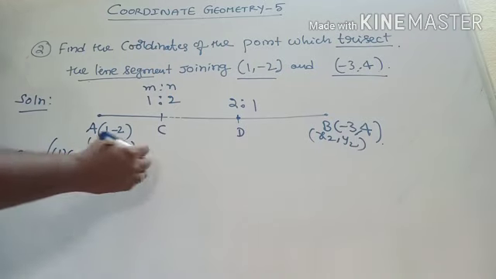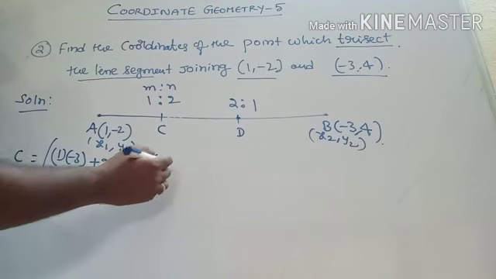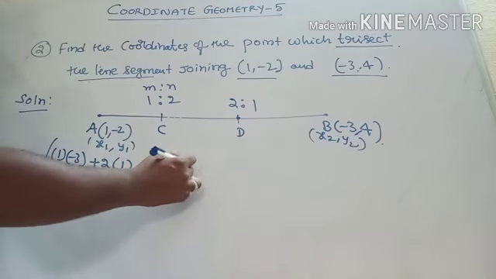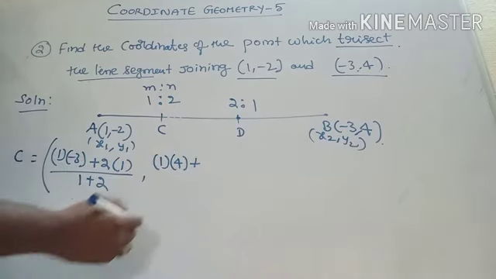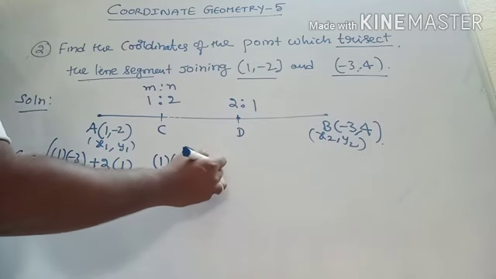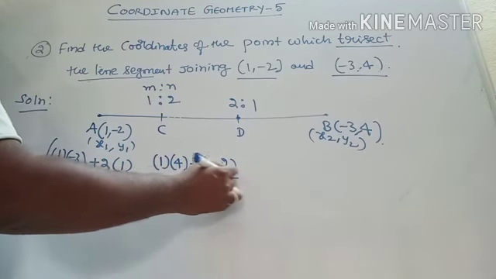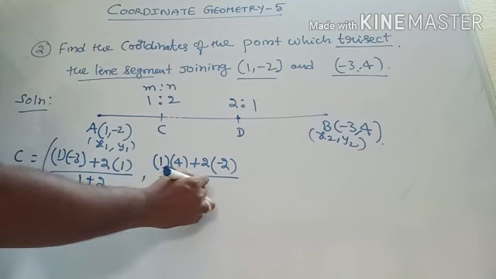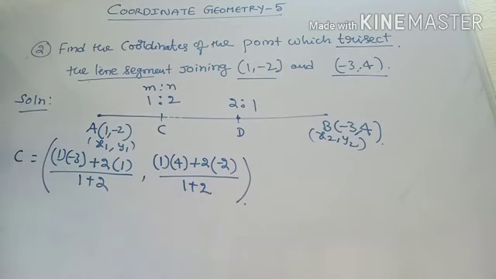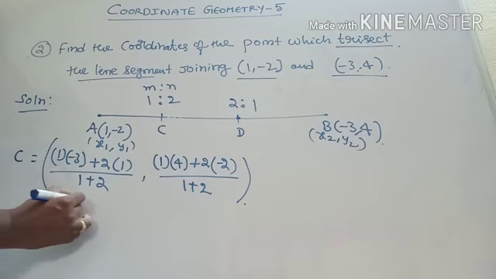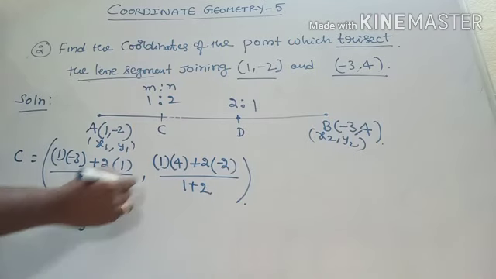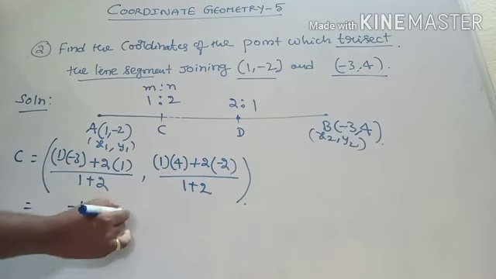Next, my2 plus ny1: y2 is 4, m is 1, plus n is 2 into y1, that is -2, divided by m plus n. Once we do this, we will get -3 plus 2, that is -1 by 3, comma, and 4 minus 4 is 0, and 0 by anything becomes 0.